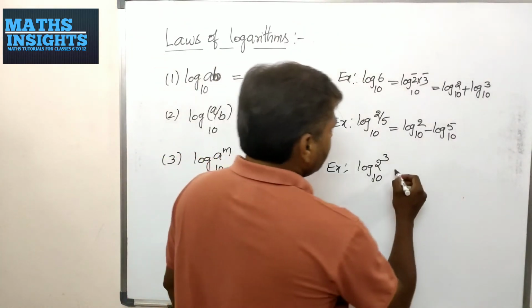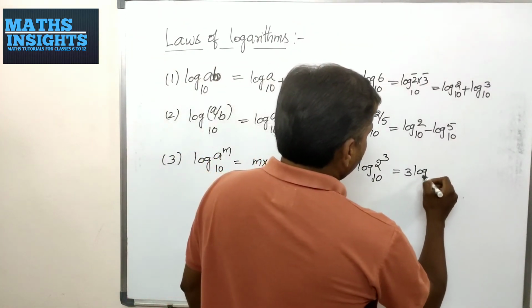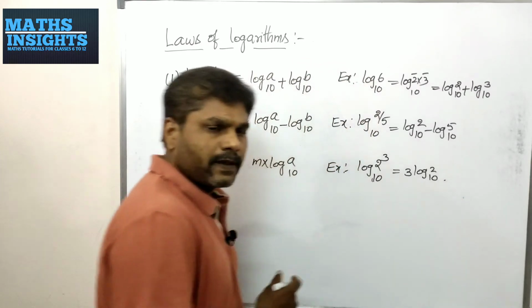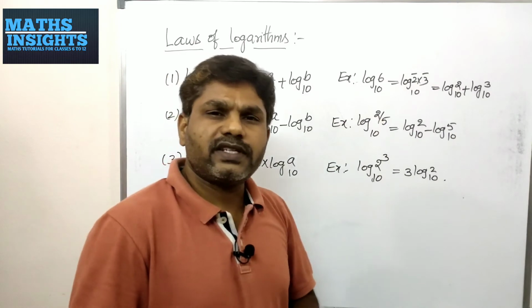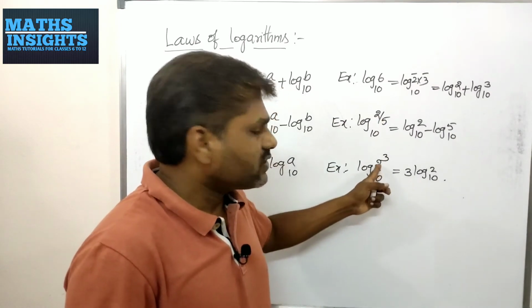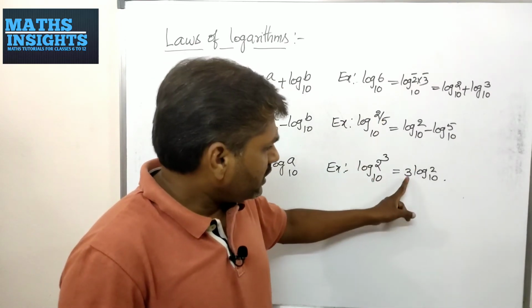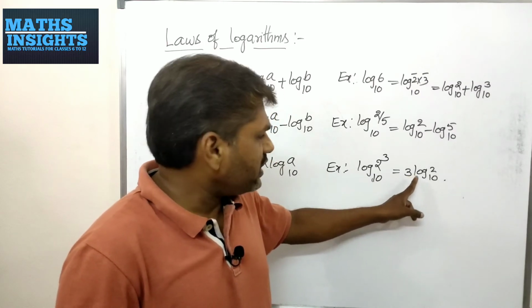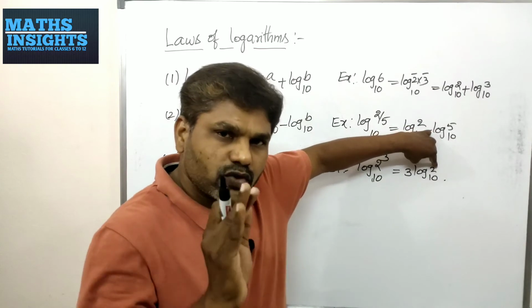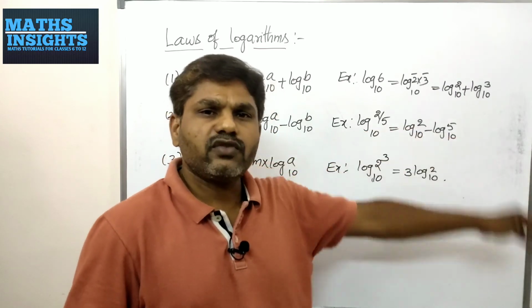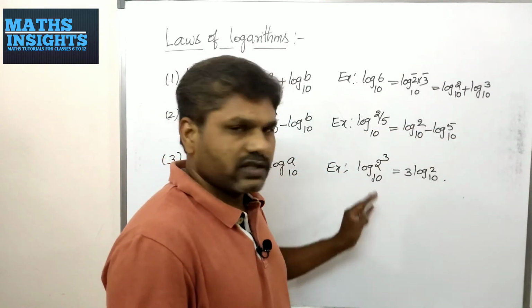So that can be written as 3 into log 2 base 10. In this way, if you have any bigger number, you can express it in exponential form with some base and exponent. Then you may write the exponent into log 2 base 10. If you multiply log 2 base 10 with 3, then you will get the answer.